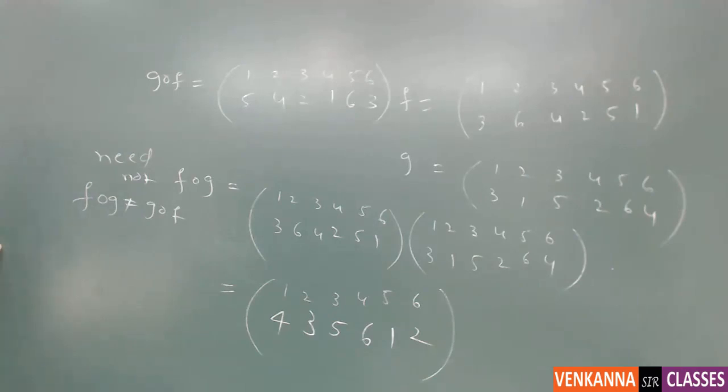At this point we can say that since it does not satisfy the property xy equal to yx, it is not a commutative group. So it is not at all a commutative group. We can say that it is just a group which is not abelian. Sometimes it will become abelian, but not always.